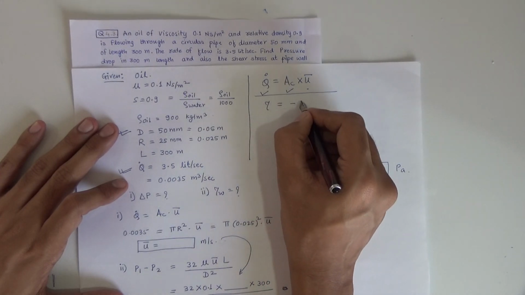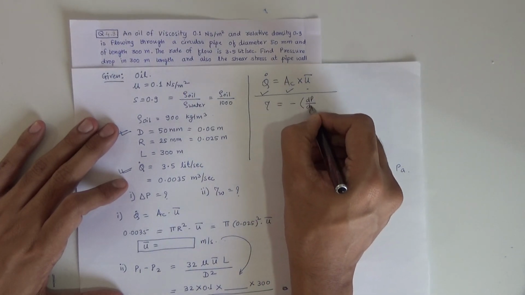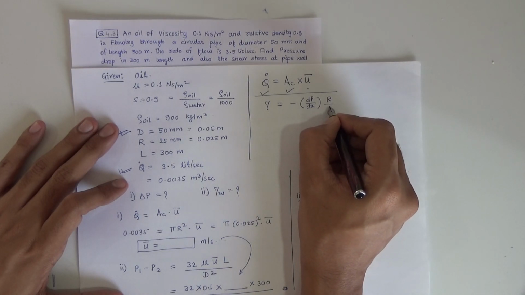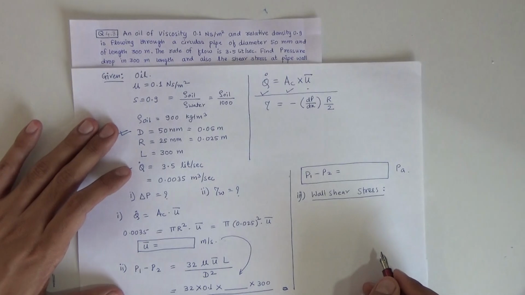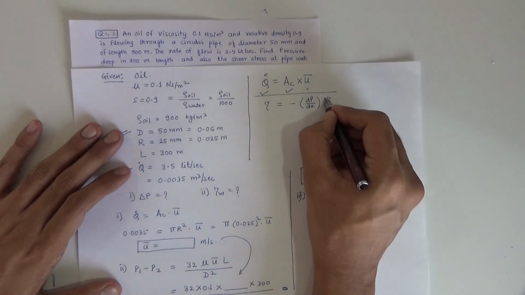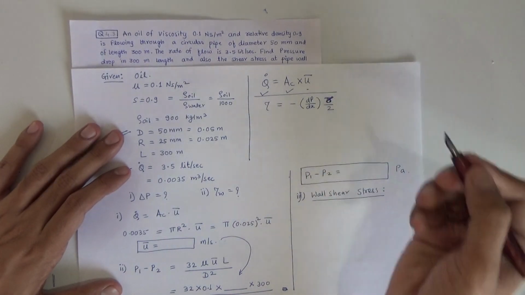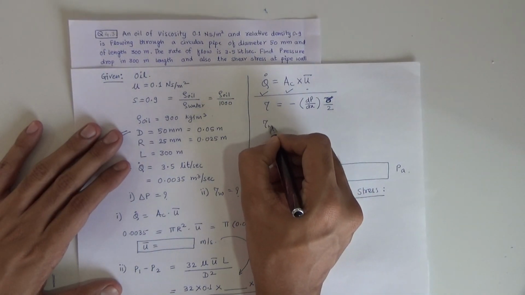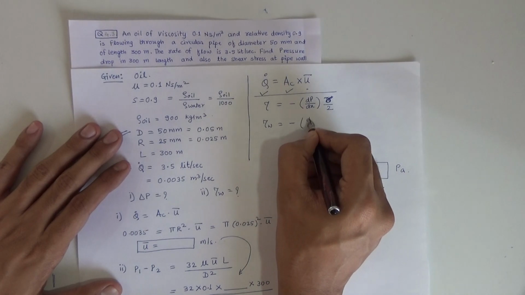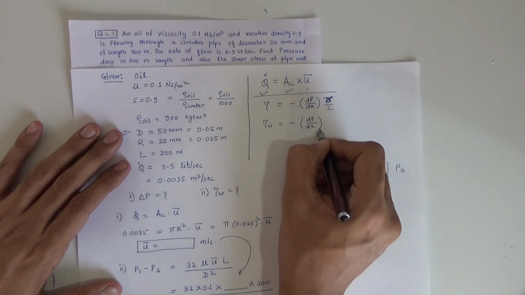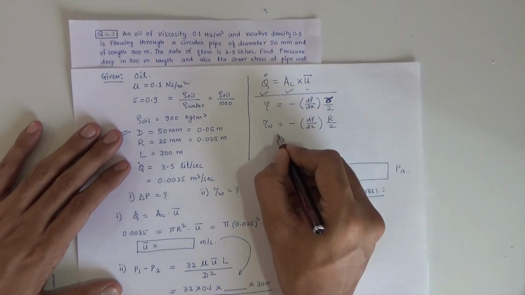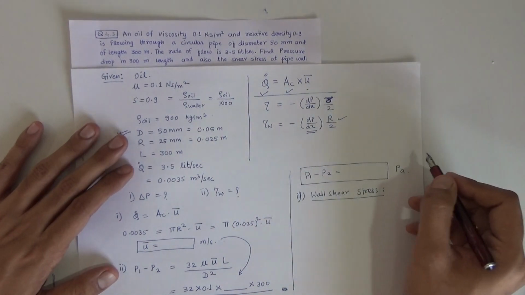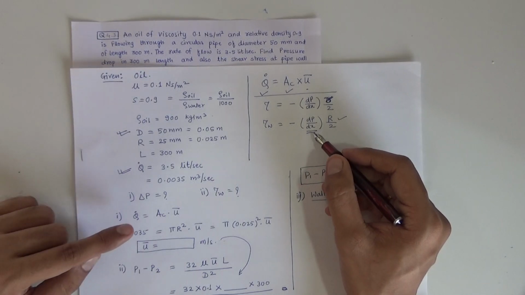It is minus dp by dx into r by 2, or sorry, small r by 2. So if you want to find the wall shear stress, that is the maximum shear stress, it will be minus dp by dx into capital R by 2. I have capital R but I don't have dp by dx.